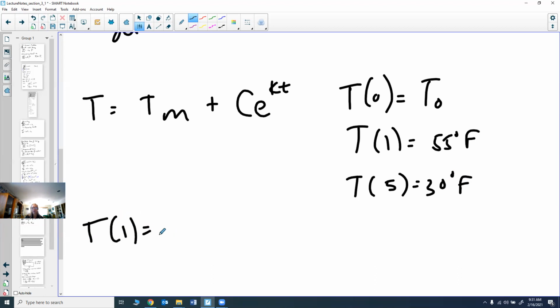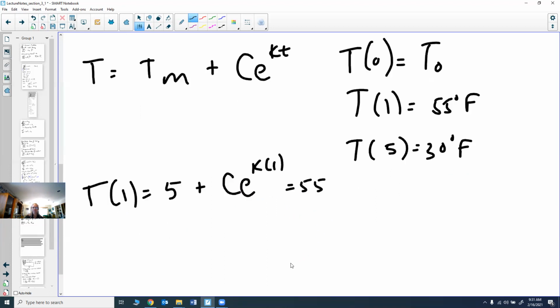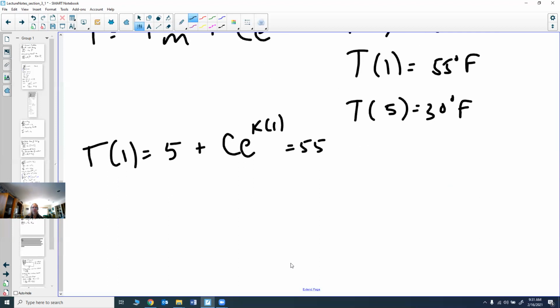T sub 1 would be the temperature of the medium, which was 5 degrees, plus C e^K, which we don't know K, times 1, which we do know time, and that equals 55. So that gives me that C e^K is equal to 50.